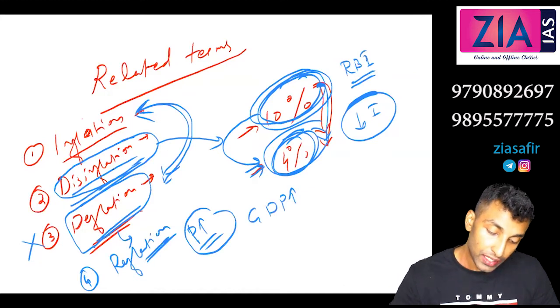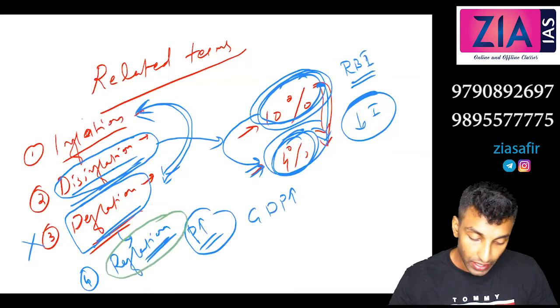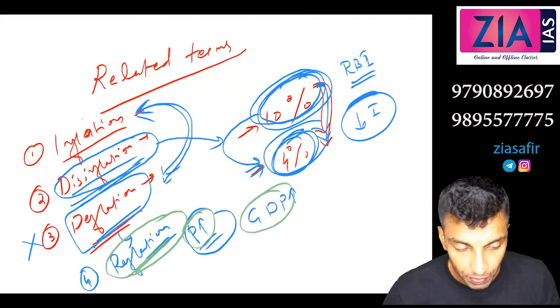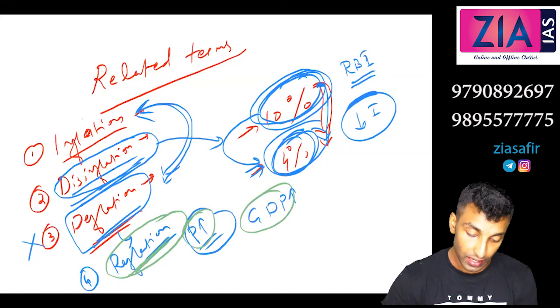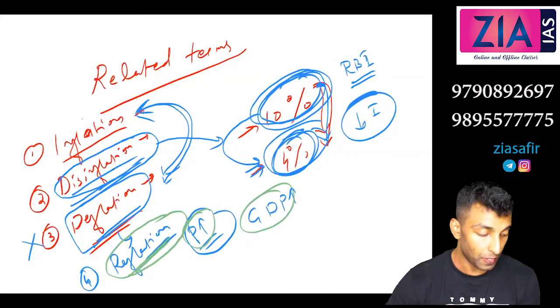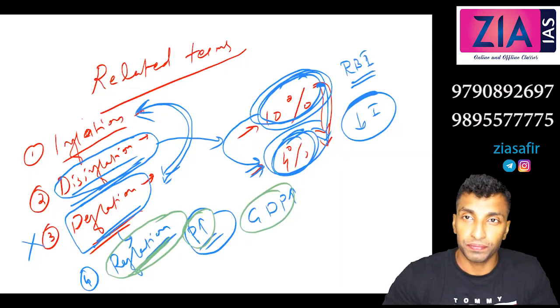So price will increase, growth will increase, and output, national income and employment opportunities will also increase. So you can write there, when an economy recovers from recession.